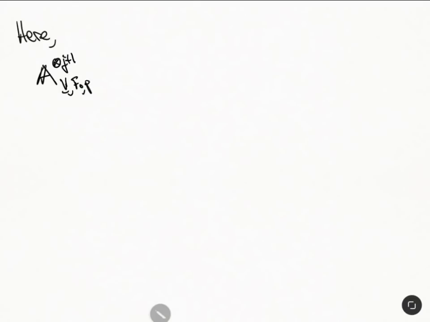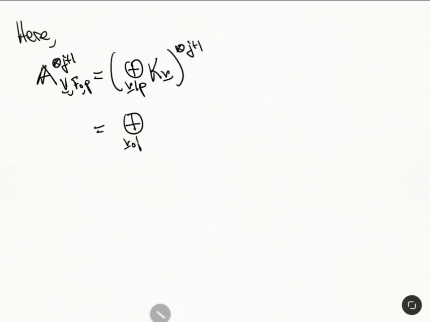I like to call them fake adeles. So this is equal to A, we wrote it down like this. P of K V underline here, tensor to the J plus 1. Okay, and then we can break this down as follows, right? So this is a tensor over QP. Okay, we'll do this. All right.